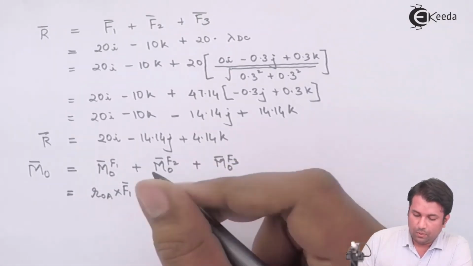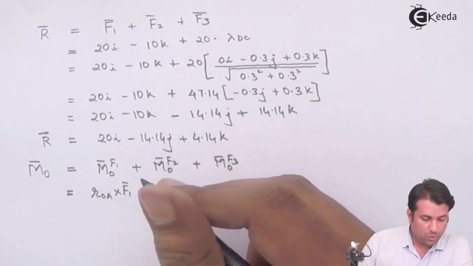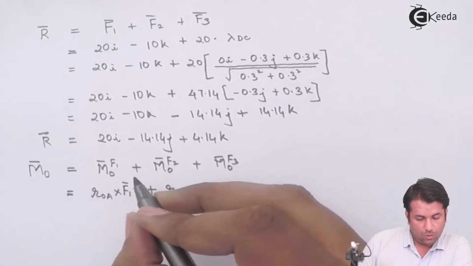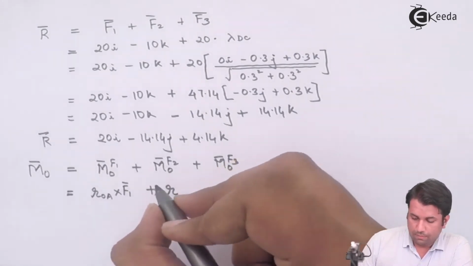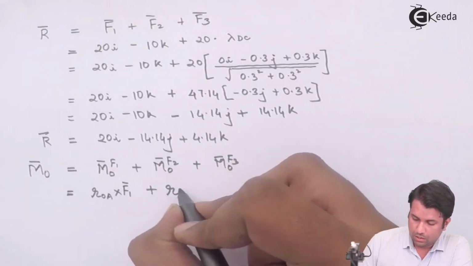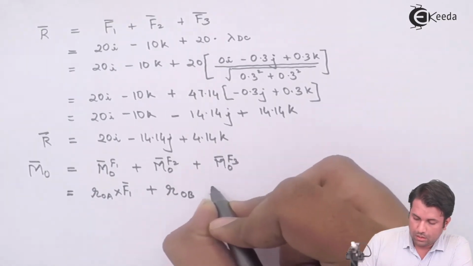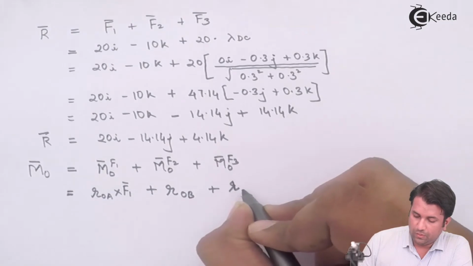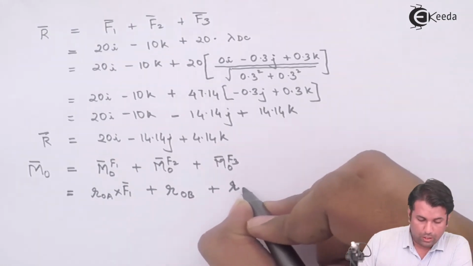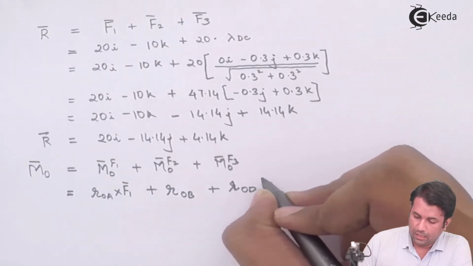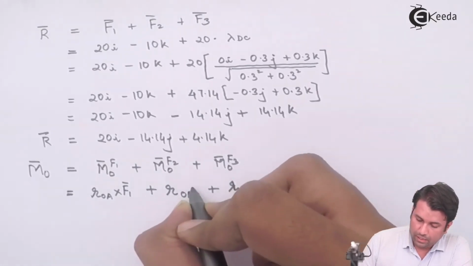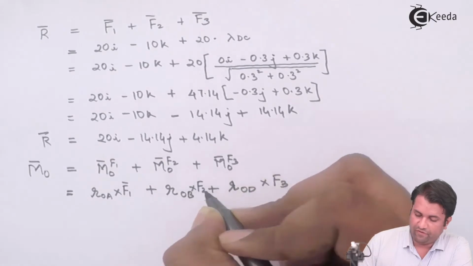Similarly, the position vector for F2 will be OB, plus the position vector along OD cross product F3. Here it should be cross product F2.